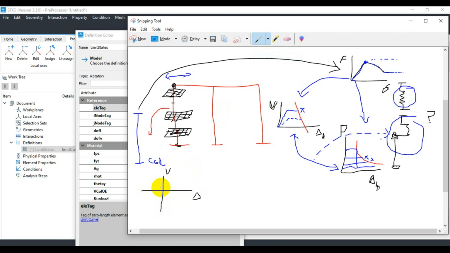In case we trigger some sort of cyclic loading in the hysteresis performance here, we notice this sort of behavior, and this region that we are using here is basically due to that limit state that we are defining to our model, and that limit state that we are defining here actually defines our curve. So it is a sort of complex mechanism we may notice here in this model, and we get our backbone curve.